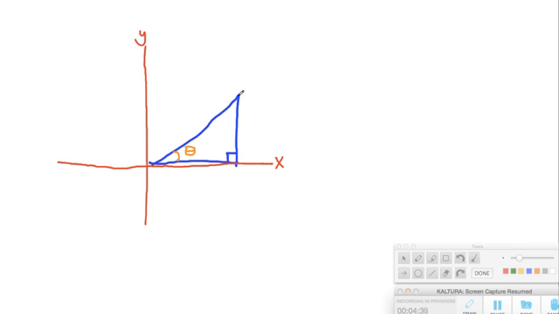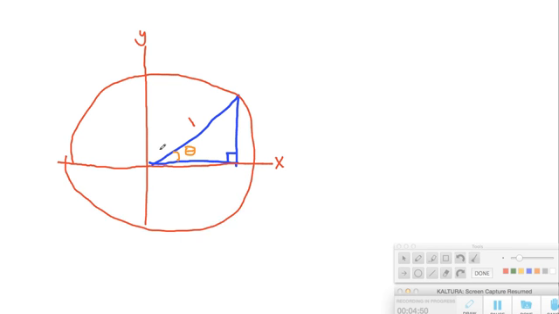Now, one last thing I want you to think about. Suppose we're talking about the hypotenuse having length 1 and it actually being the radius of a circle. We do call this a unit circle, where the radius is 1. Now, notice what happens here. The original adjacent side, the side that we would have called adjacent to the angle, is actually the same thing as the x-coordinate of the point right here.